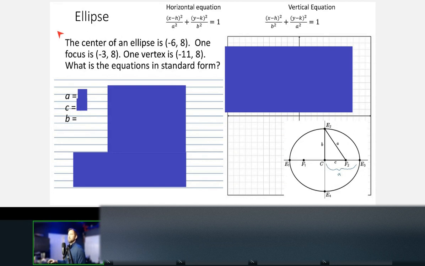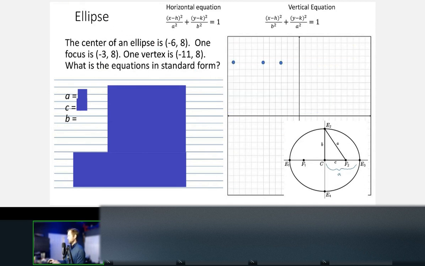All right, ellipses. So the center of an ellipse is -6, 8. One focus is -3, 8. One vertex is -11, 8. What is the equation in standard form? Again, draw a diagram to show this stuff. So I went ahead and used graph paper, or my screen here, and plotted these points, and we also want to label them.